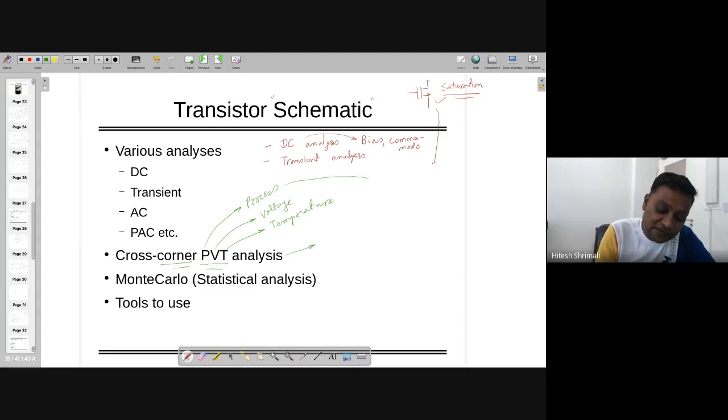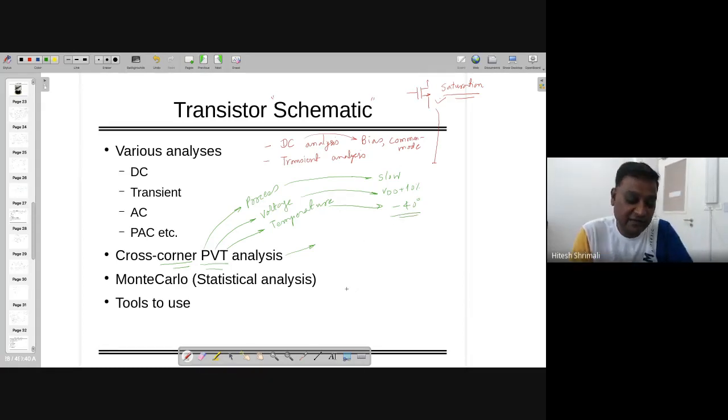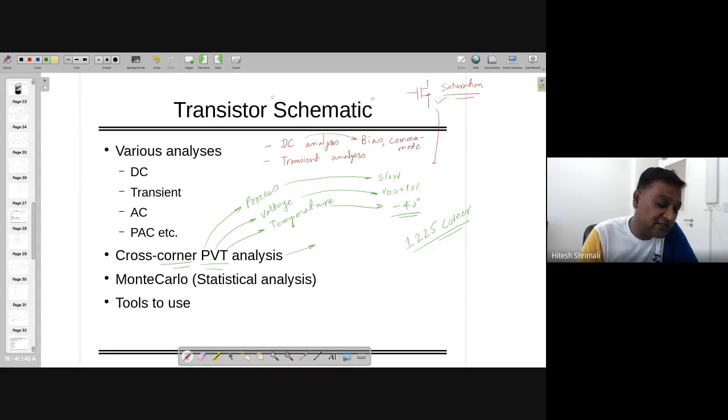Means one process is slow, let's say, one voltage is VDD plus 10%, and temperature, let's say, minus 40 degree. So you will have many such corners. Generally in industry, people are running almost 1225 corners, where each corner is defined with a value of process, voltage, and temperature.